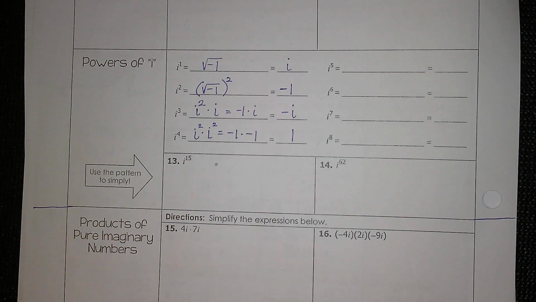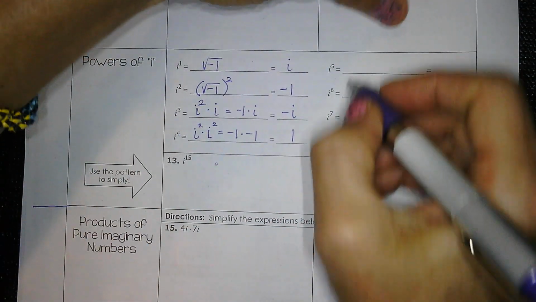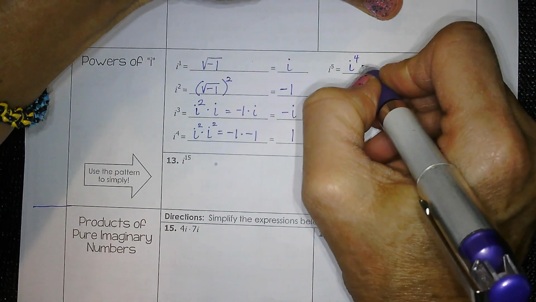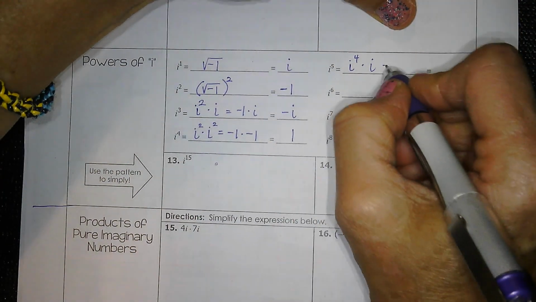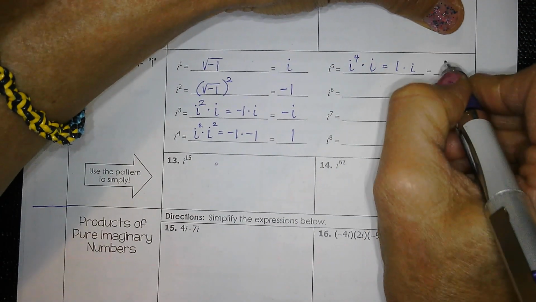So it's going from an imaginary to a real number, back to an imaginary to a real number, and guess what happens if you multiply it again? It goes back to imaginary. So i to the 5th is like i to the 4th times i, and I know that i to the 4th is 1. So i to the 5th is i.